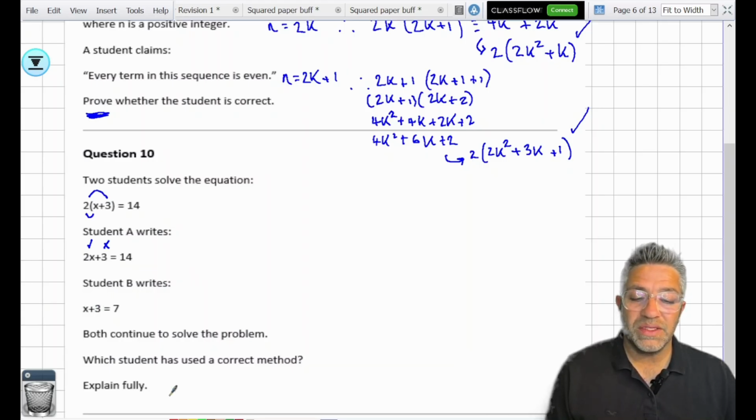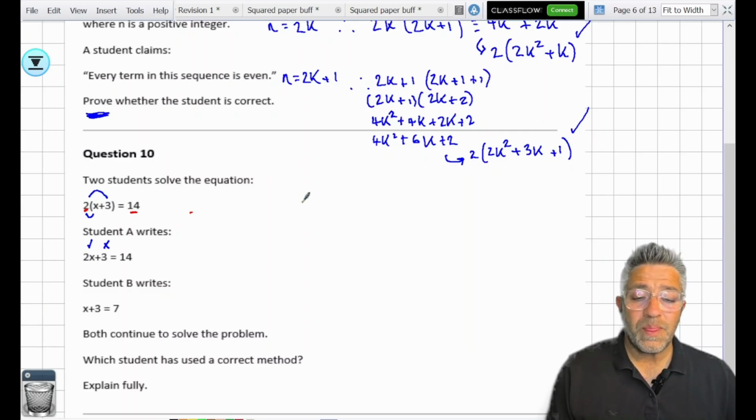What student B has done, if I do student B's response in red, they've divided each side through by the common factor. In other words, they've divided each side by 2. 14 divided by 2 is 7. Dividing by 2 is the inverse of multiplying by 2.